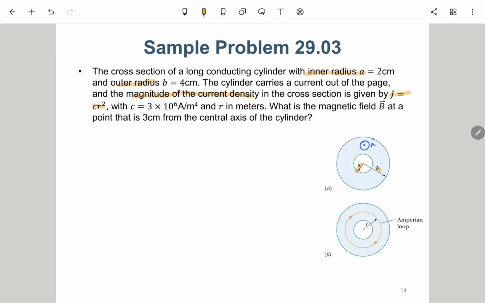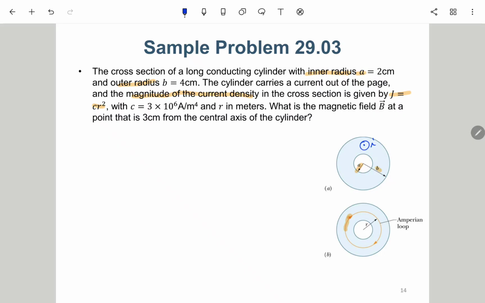What is the B field at a point that is 3 cm from the central axis of the cylinder? 3 cm is right in the middle.